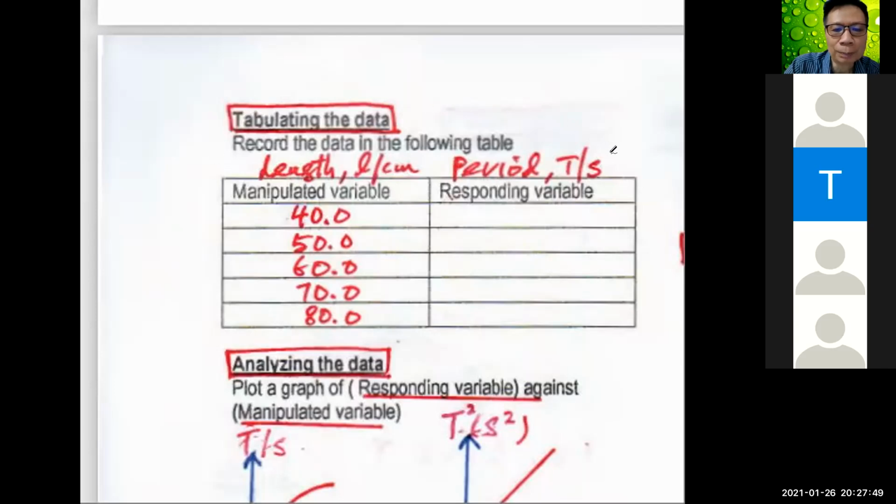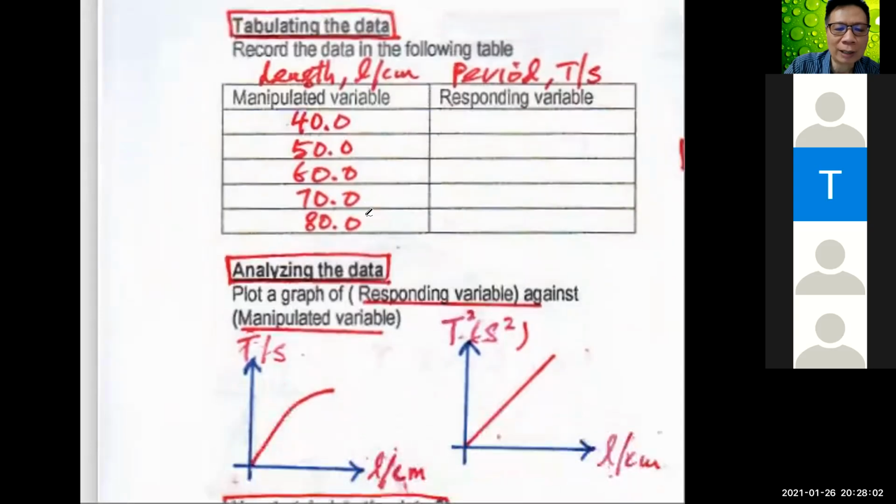After you have the table already, when you have collected all the data in the table, the next step is definitely to draw a graph. Analyzing data means drawing a graph. So you have to plot a graph to analyze the data.